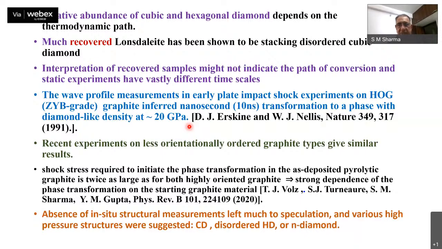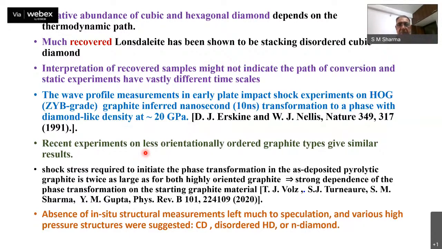Now, these experiments were very recently revisited, and what was found was that there was probably some error in the second experiment, because the repetition of the experiments showed very similar results for highly oriented graphite as well as for pyrolytic graphite, which was probably having a misorientation of the C-axis by several tens of degrees.